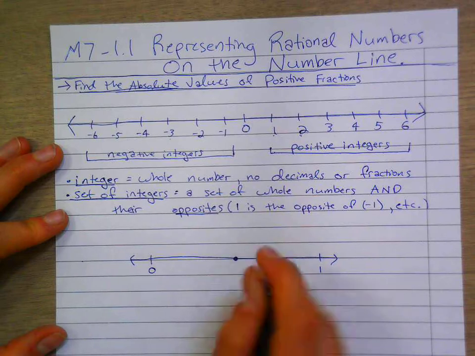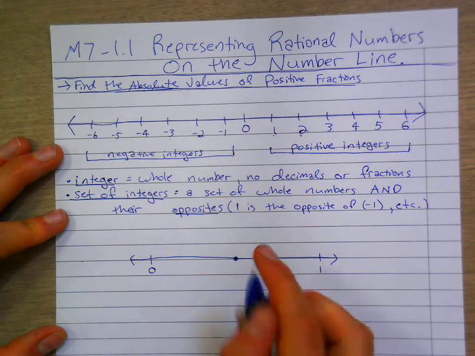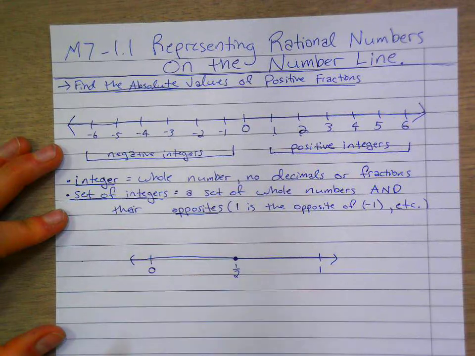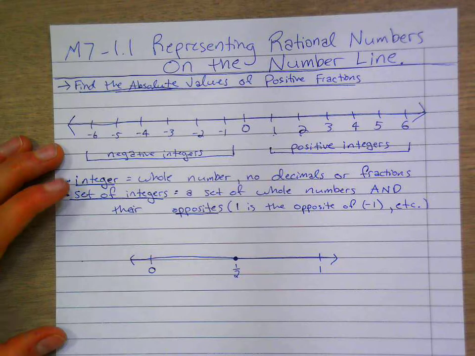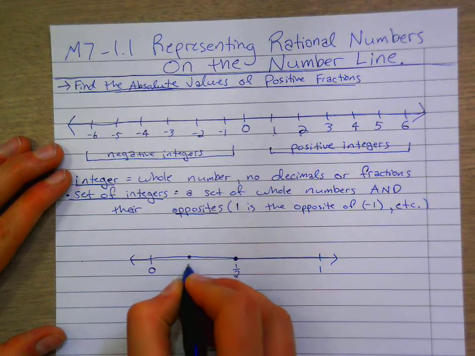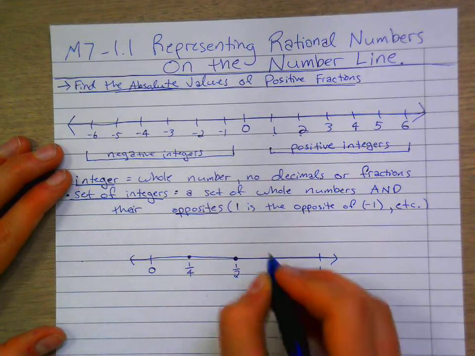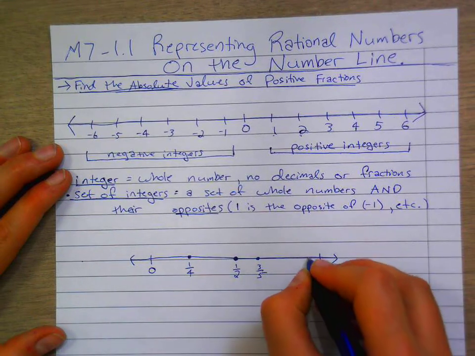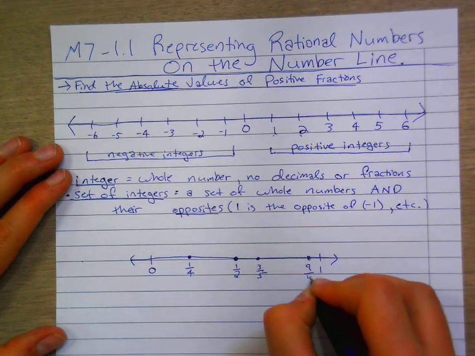This point would be 1/2 because it is 1/2 unit from 0 in the positive direction. You can also write 1/4, you can write 3/5, and you can write 9/10. These are all proper fractions.